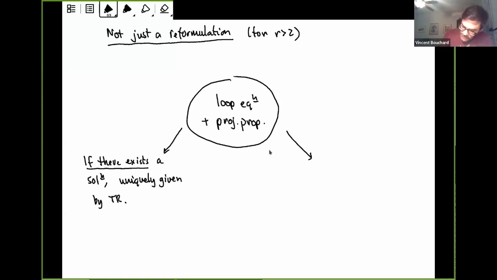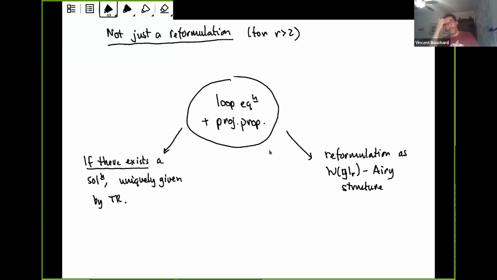On the other hand, the last part of the lecture today was reformulating these loop equations plus projection property as W(gl_R) constraints or ideal structure. I mean, more precisely, it would be a bunch of copies of W(gl_R), one for each ramification point.